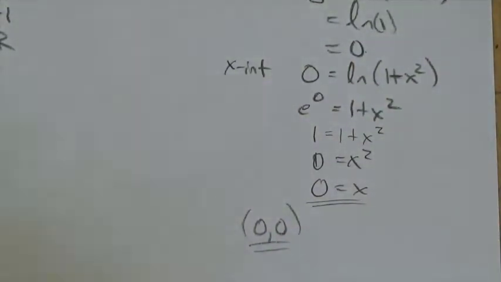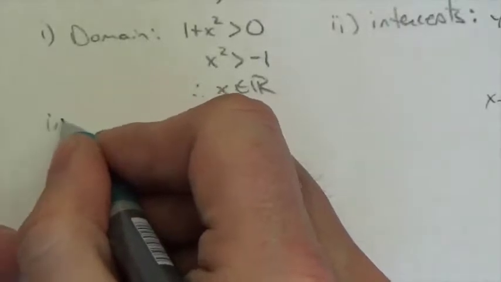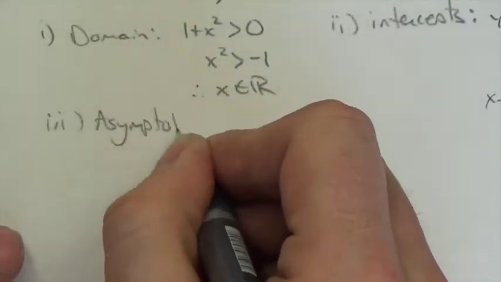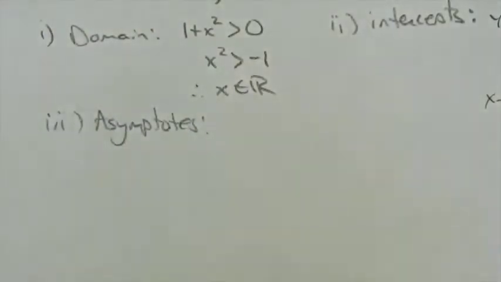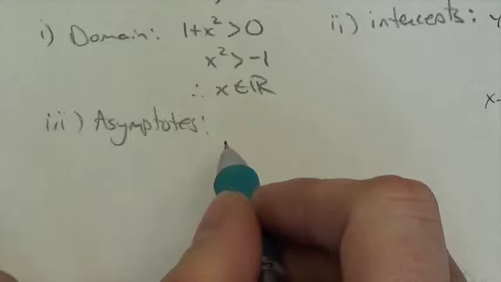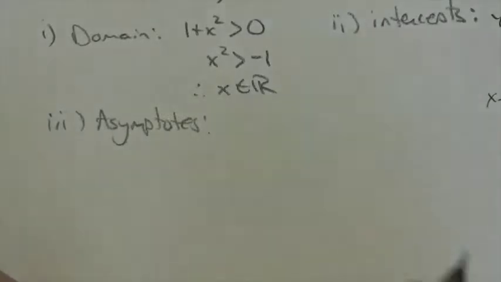Now let's take a quick look at the next thing I want to concern myself with here. Actually, I'll do it up here. 1, 2, 3, asymptotes. Well, if you think about just your regular natural log of a function, the asymptote occurs where the argument goes to 0.